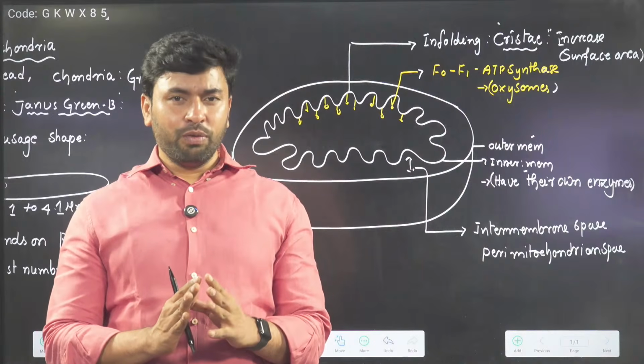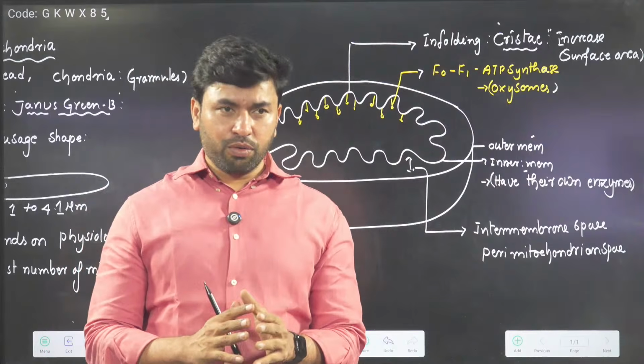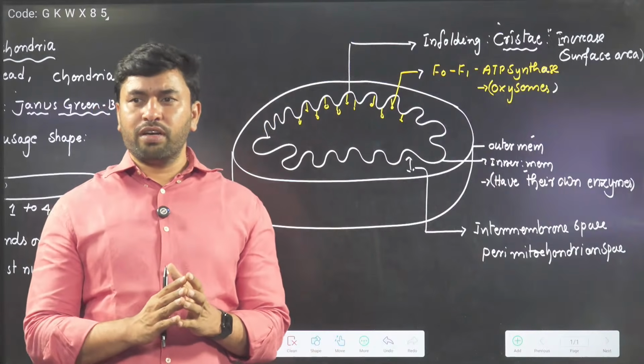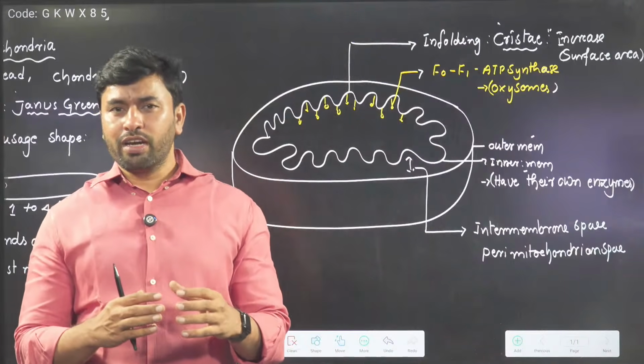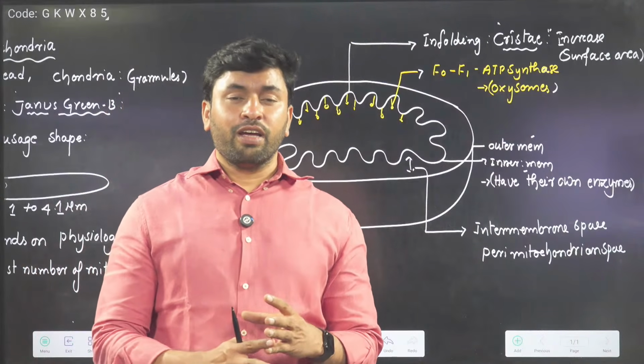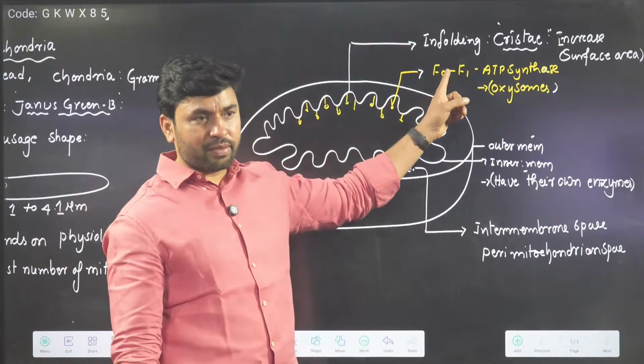We believe ATP is excessively synthesized by our mitochondria. That's why the mitochondria is known as the powerhouse of the cell. We are studying it from the lower classes onwards. Actually, that ATP will be synthesized by these particles only.